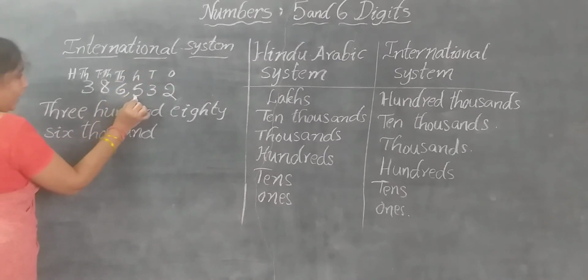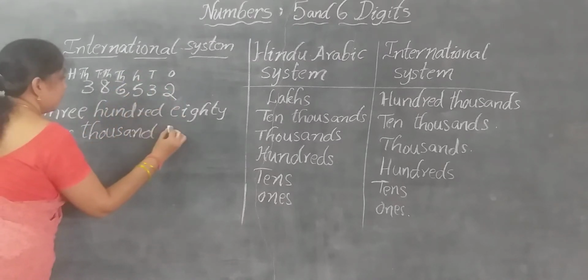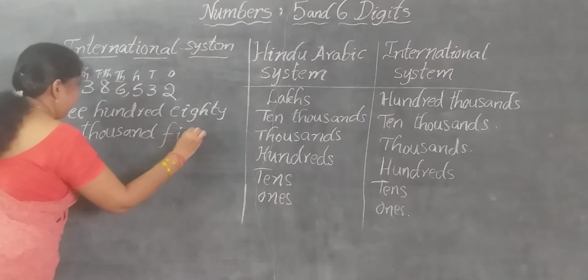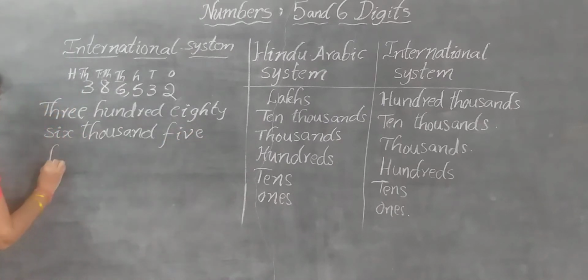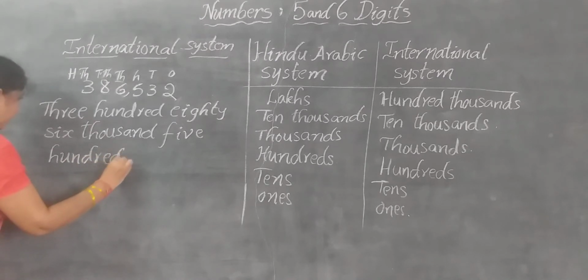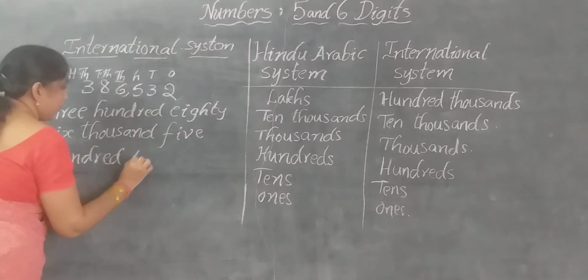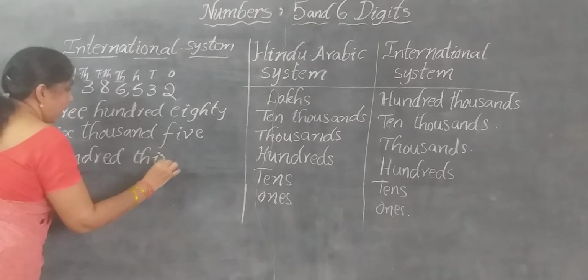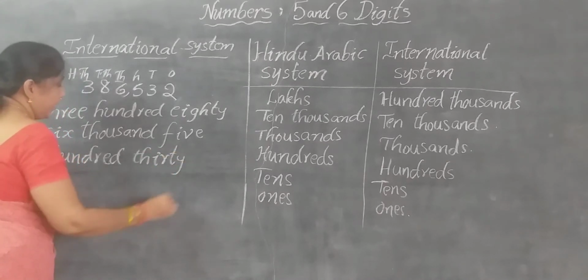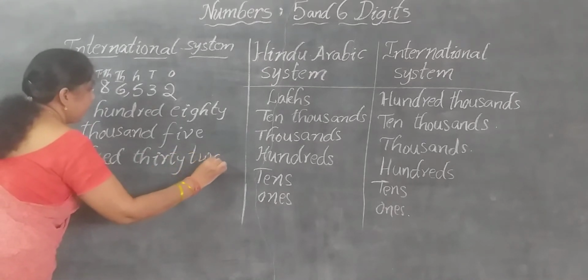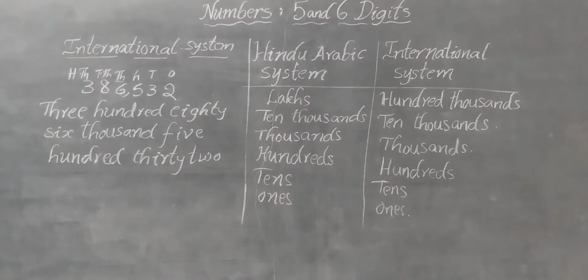So 532. 5 hundreds is 500, and 32. Thirty-two. This is the number in the international system.